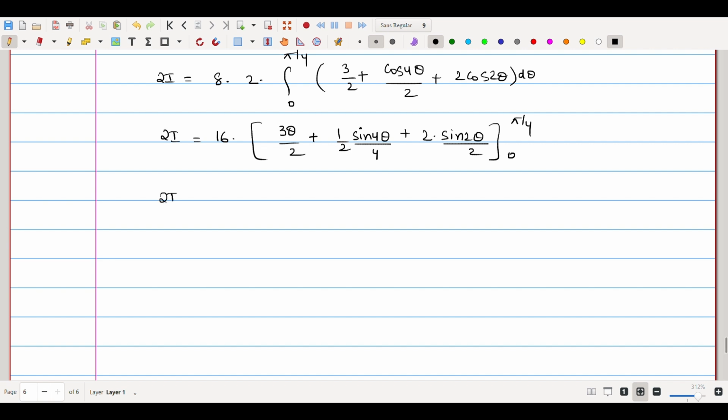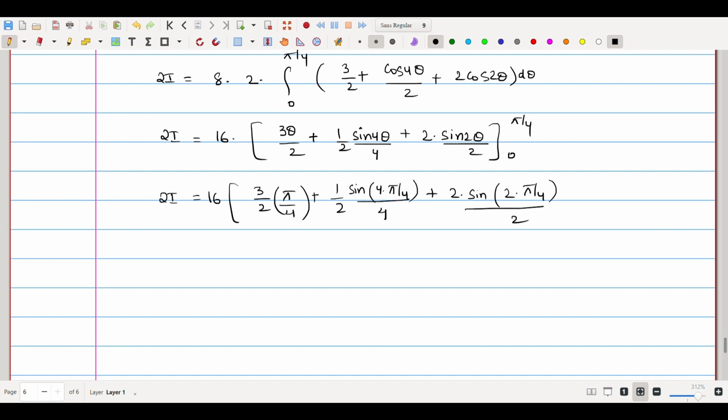2I equals 16 times, if you substitute the limits, 3 by 2 into pi by 4 plus 1 by 2 into sin 4 into pi by 4 by 4 plus 2 into sin 2 into pi by 4 by 2.